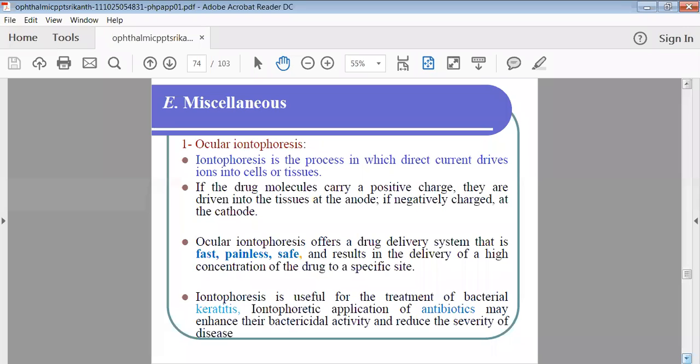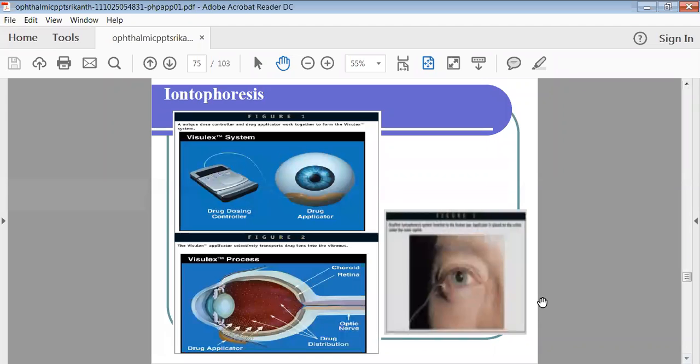Ocular iontophoresis offers a drug delivery system that is fast, painless and safe, and it results in delivery of a higher concentration of the drug to the specific site. It is useful for the treatment of bacterial keratitis. This is the iontophoresis technique. It is a modern type of technology. By using various kinds of instruments and current, we can utilize this kind of system.